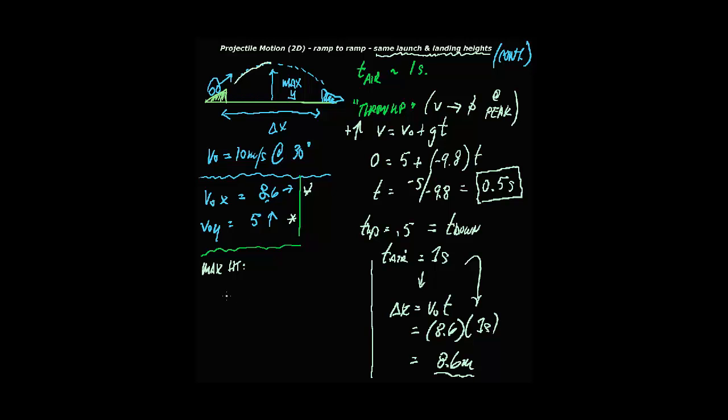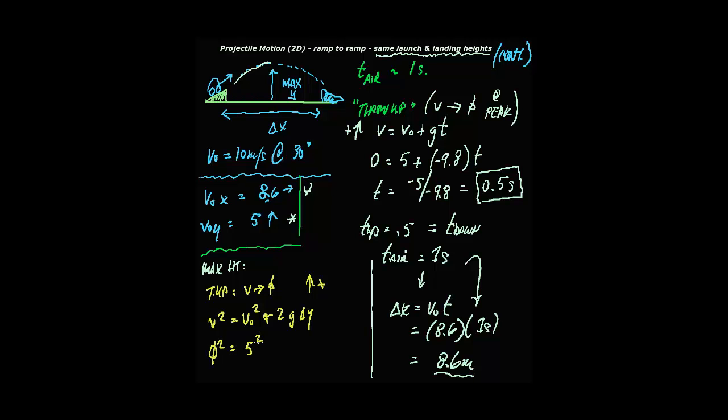So max height, we're still going to do a throw up problem, and what we're going to use is the final velocity goes to 0, and what we'll do is go to that second equation where it's v squared equals v0 squared plus 2g delta y, because that has distance and it has our initial and final velocity. So we're going to use that. We're calling positive up still. Final velocity 0 squared.